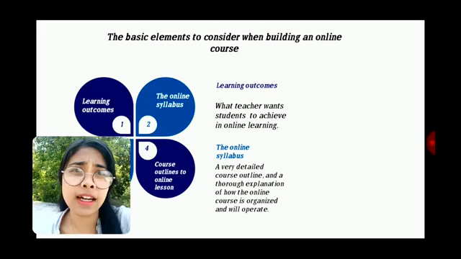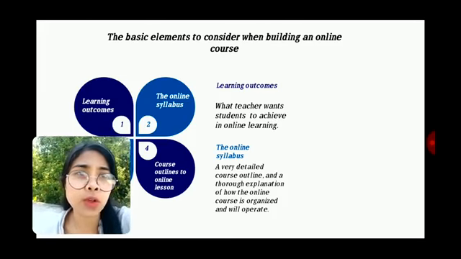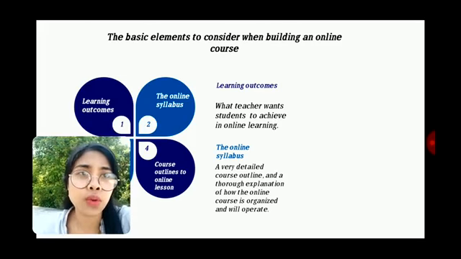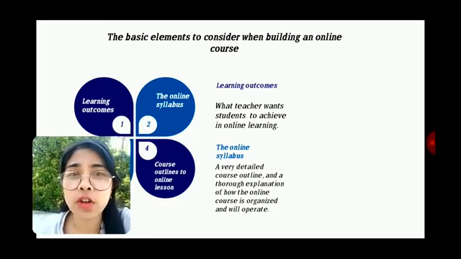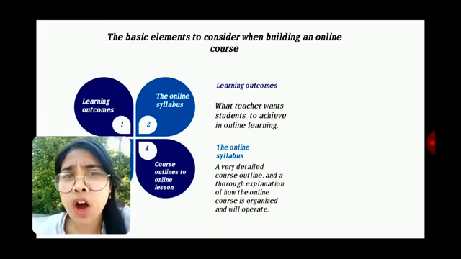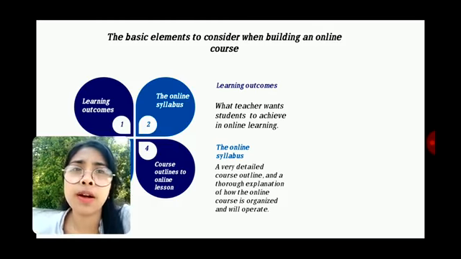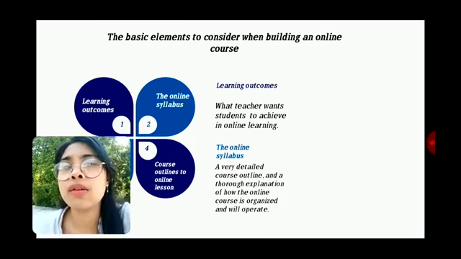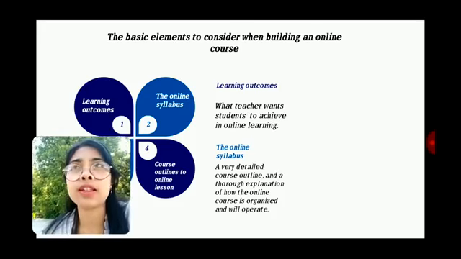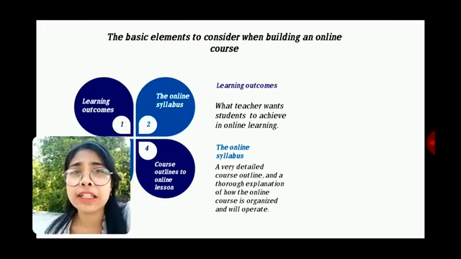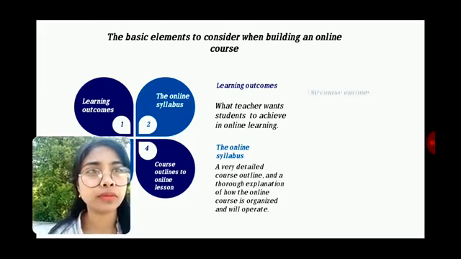It contains a very detailed course outline and a good explanation of how the online course is organized and how it will operate. The syllabus contains details of the online course and the assignments, and it's like a framework for the teacher to develop the online learning.